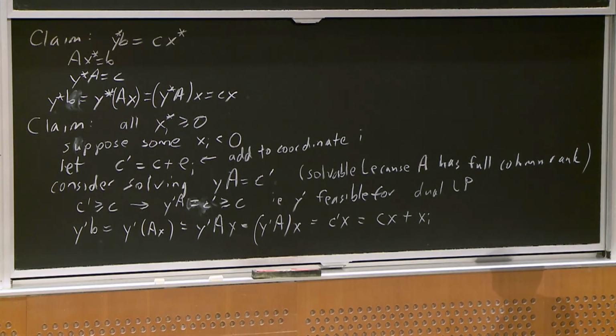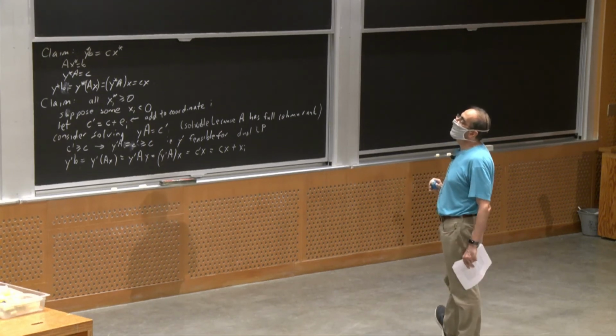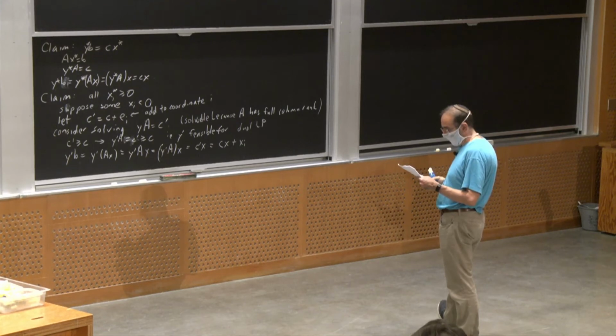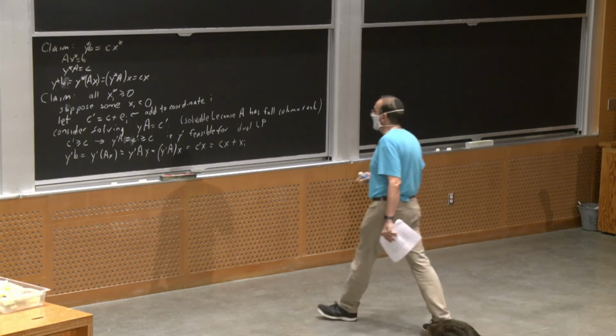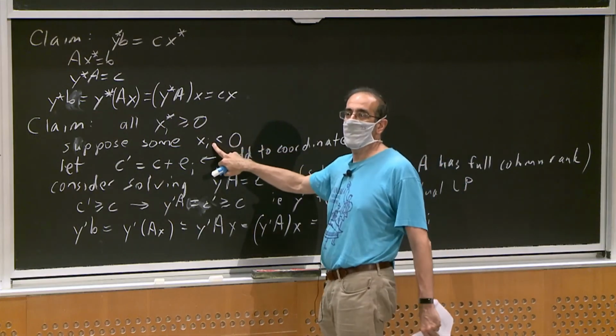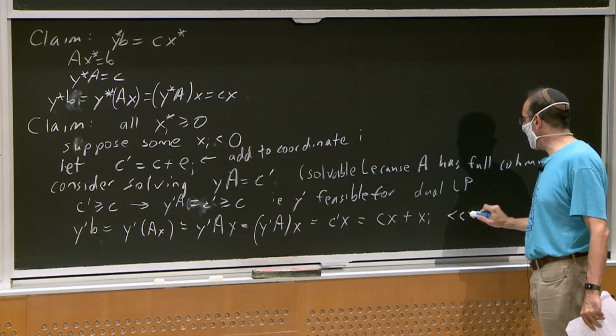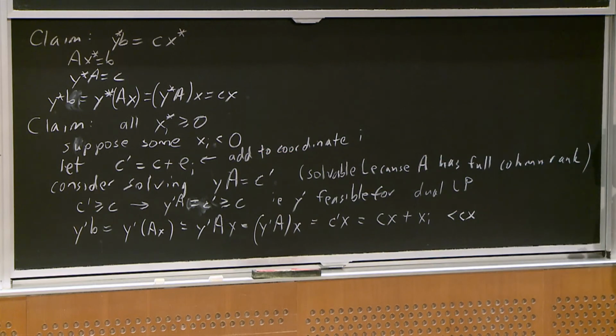Negative? c are positive, but xi is negative. Adding xi reduces the objective, is what I'm trying to say. If that happens, then I may have flipped a sign. Let's see. We are trying to minimize y, right? Oh, yes, sorry. We assumed xi is less than 0, right? So since we assumed xi is less than 0, this is less than cx. What does that mean?